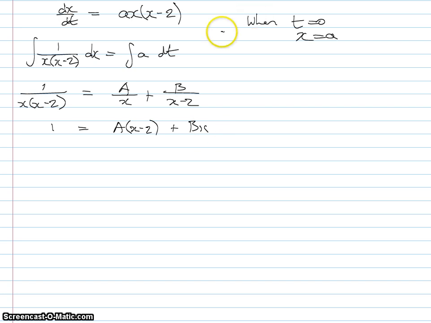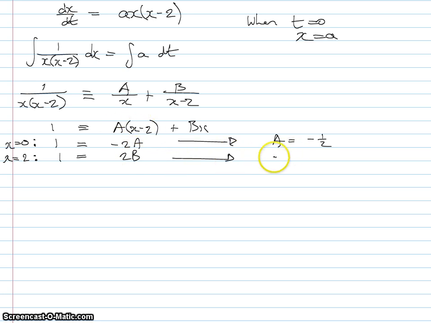The advantage of partial fractions is that this isn't just an equality, this is an identity, so it's true for all values of x. In particular, I can substitute in x equals 0, and I find that 1 is equal to negative 2A, which means that A equals negative 1 over 2. Or I can substitute in x equals 2, which means that 1 is equal to 2B, because the other term becomes 0, and I find that B is equal to positive 1 over 2.